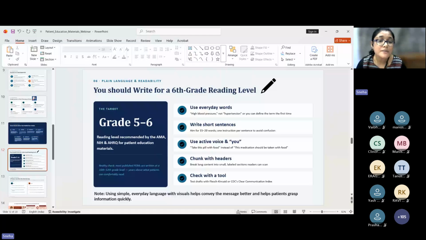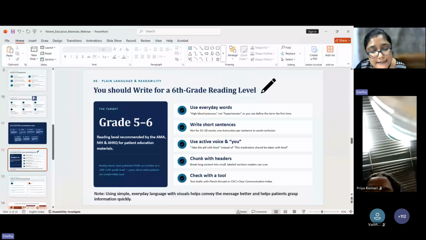Anaphylaxis requires immediate action. Writing it that way jeopardizes the motive of patient education material. So oversimplification is not required, but you should keep in mind that it is readable.